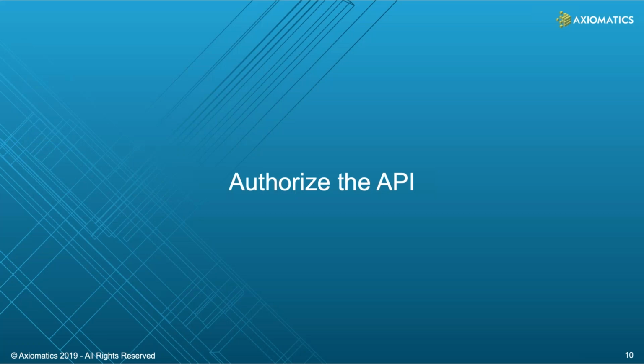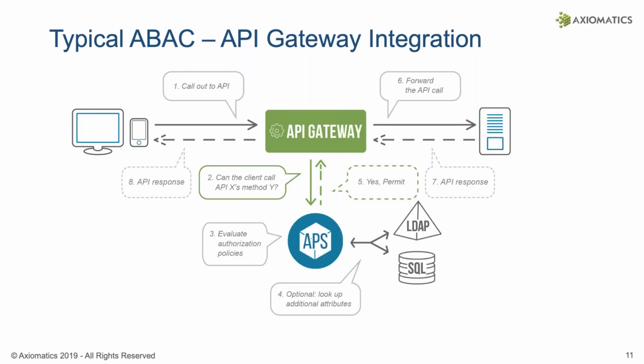So if we look at that specifically, there's typically two aspects to API authorization that we talk about. One is the authorization on the way in, and the other one is authorization on the way out. And what we mean by that is on the way in is sort of an authorization of the API call in itself.